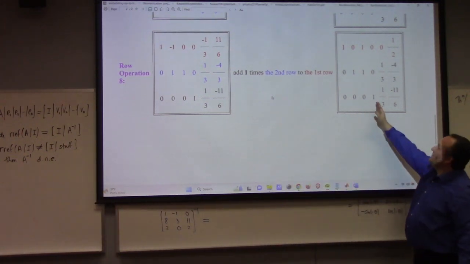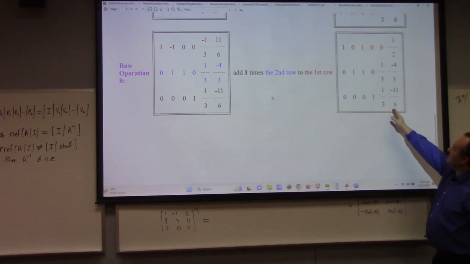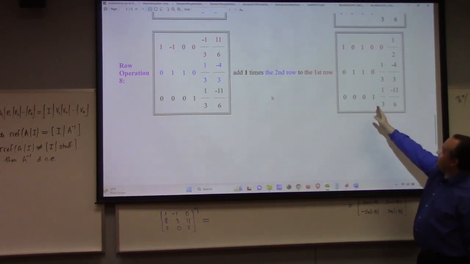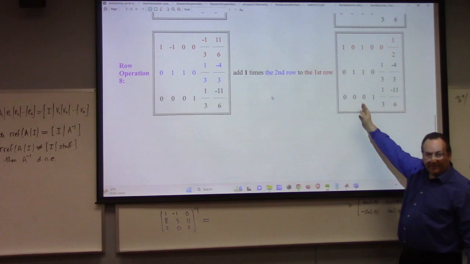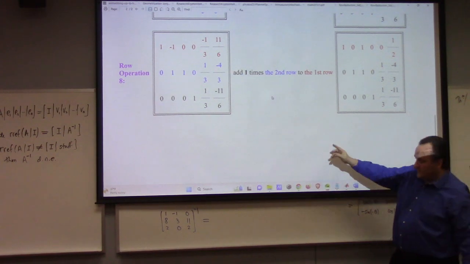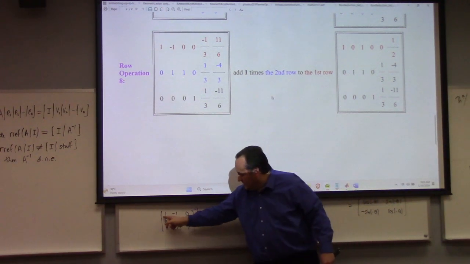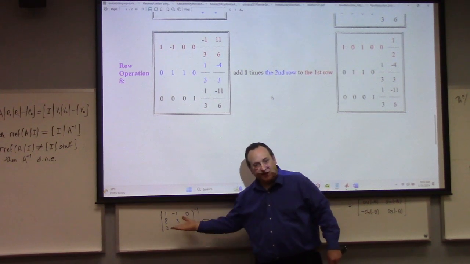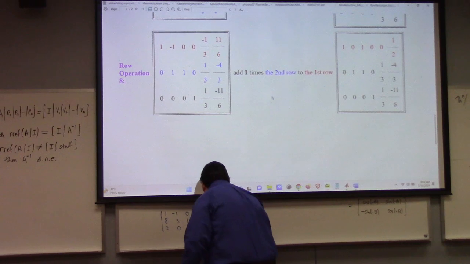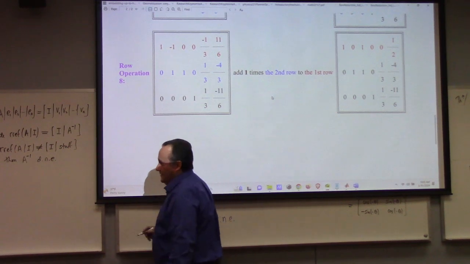What this means is that the third column is actually the first two columns added together. That means there's a linear dependence amongst the columns of A, which means A is not invertible. You see it? It's kind of obvious now that I say it. The first plus the second column is the third. They're not linearly independent. The inverse does not exist.